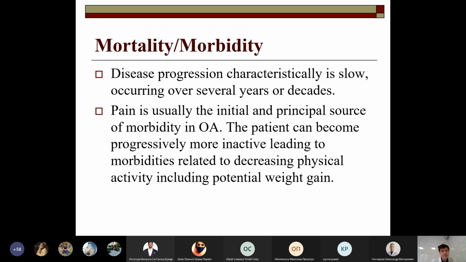The next slide depicts mortality and morbidity. It's extremely important to know that disease progression is globally characterized as slow, lasting severe years and decades. During the last 2 decades, we know that disease progression is dependent on the risk and onset of degenerative joint consequences, which in turn interact with metabolic conditions, including diabetes mellitus, mainly type 2 diabetes mellitus, abdominal obesity, morbid obesity, and insulin resistance as well.